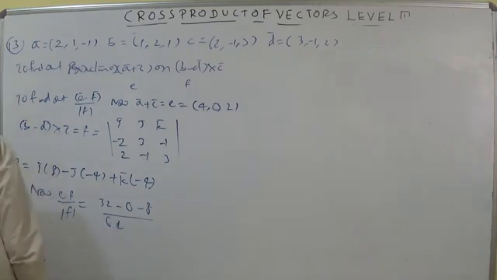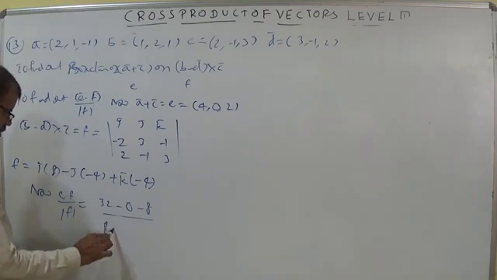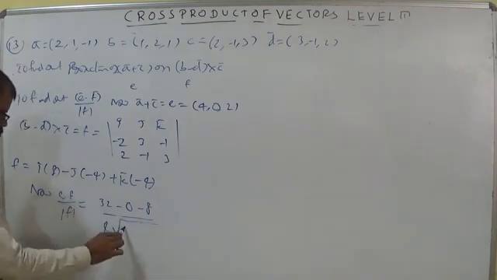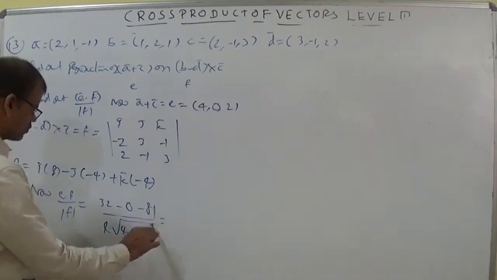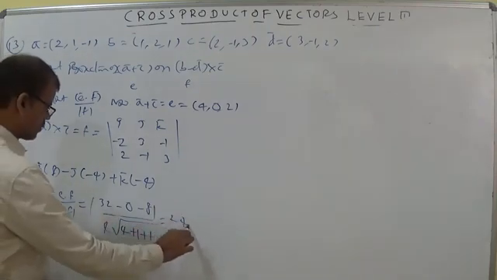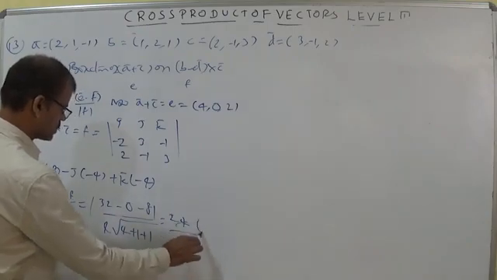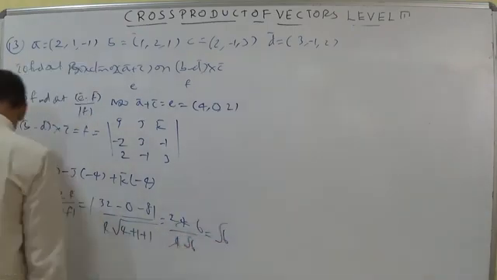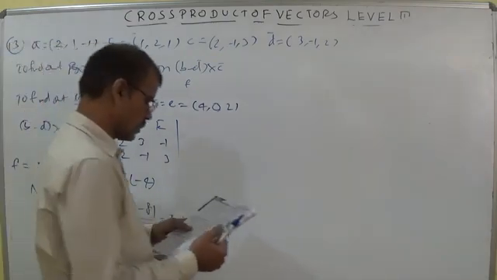Let us take 4 common, it becomes 4 plus 1 plus 1. 32 minus 8 is 24, 24 by 4 root 6, this is 6 times, so root 6 is the answer. Root 6, correct, third option.